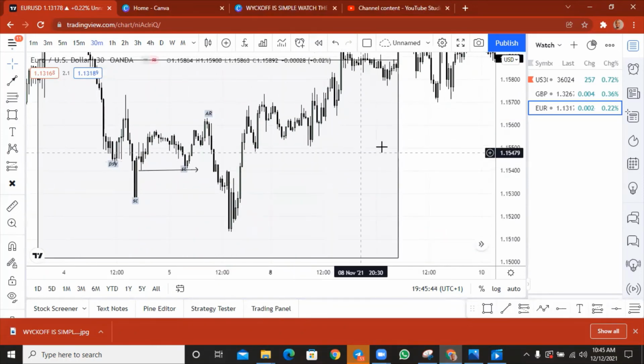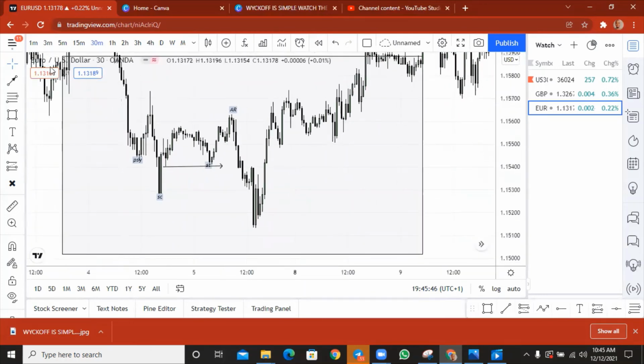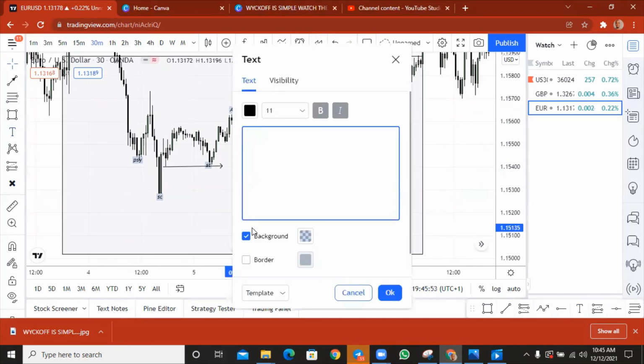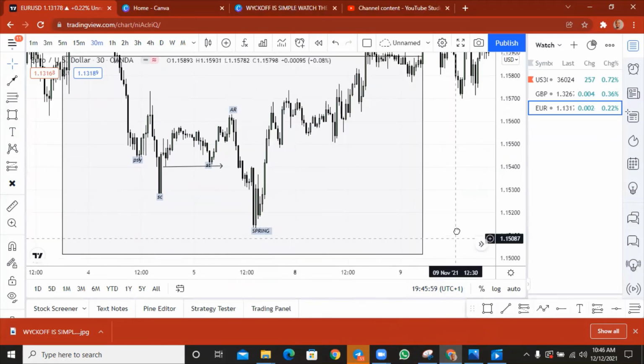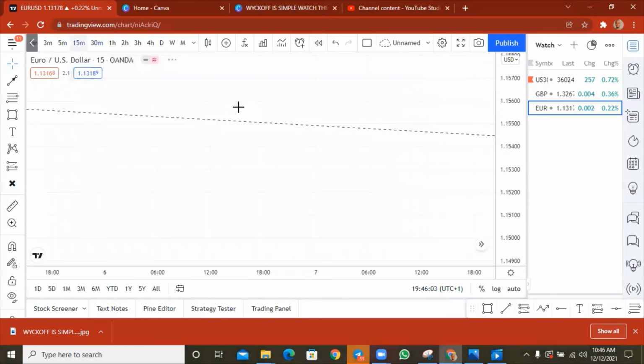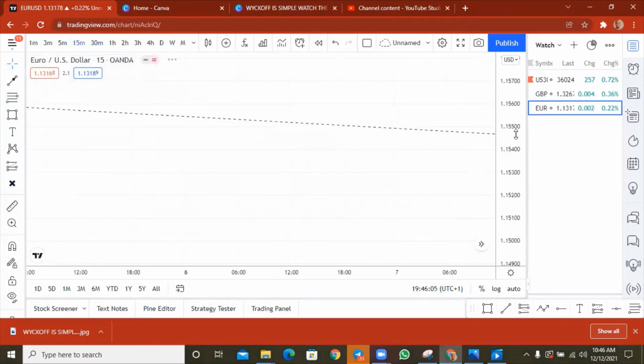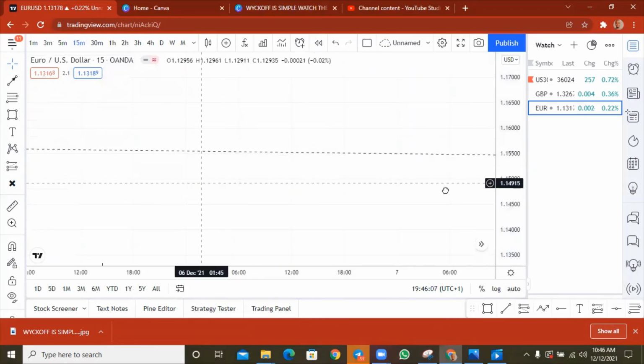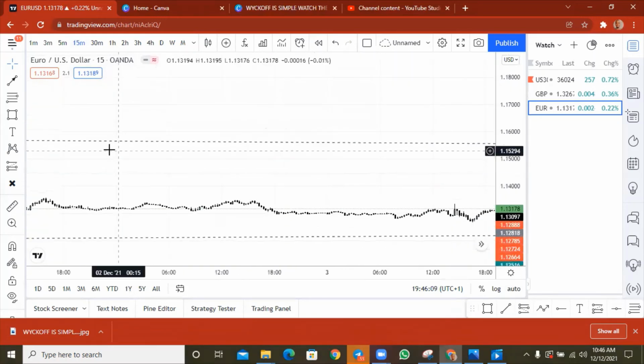So what we have next is boom, spring. Trust me, this spring is very close to the spring test, and if you look at it, you're going to see both legs very close to each other. We'll go to the 15 minutes time frame so I can see it clearer.